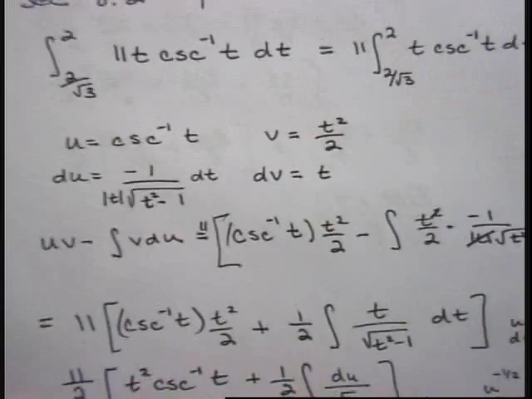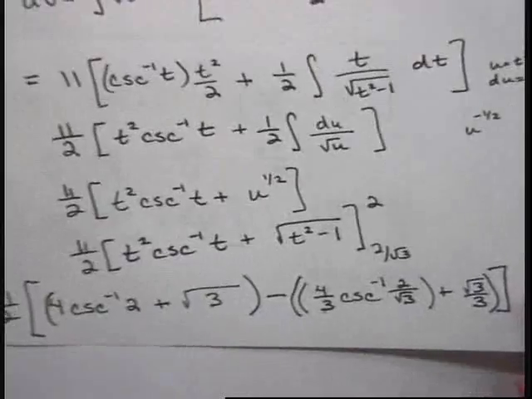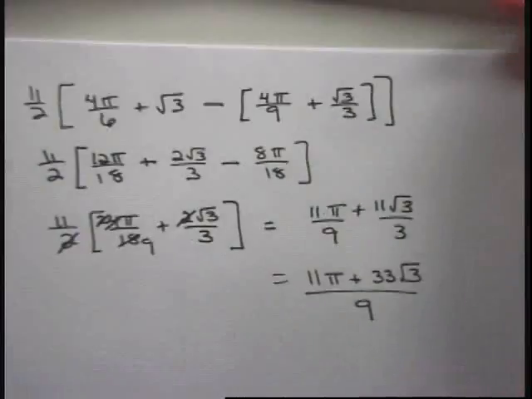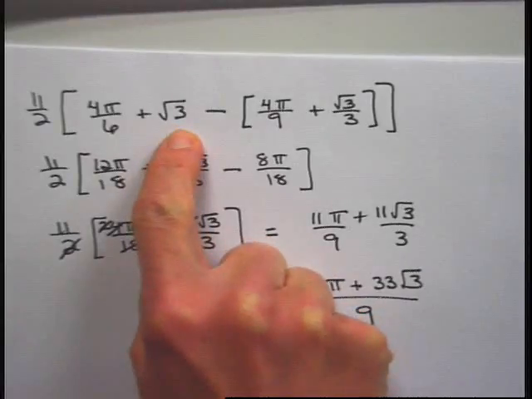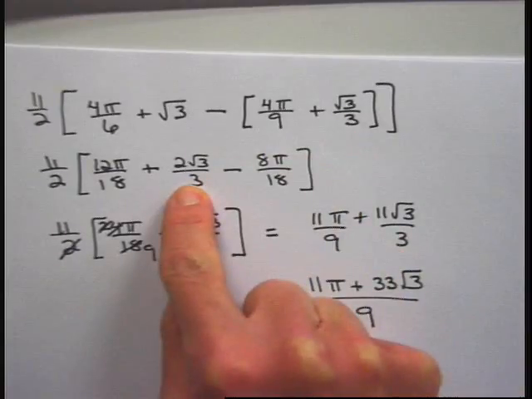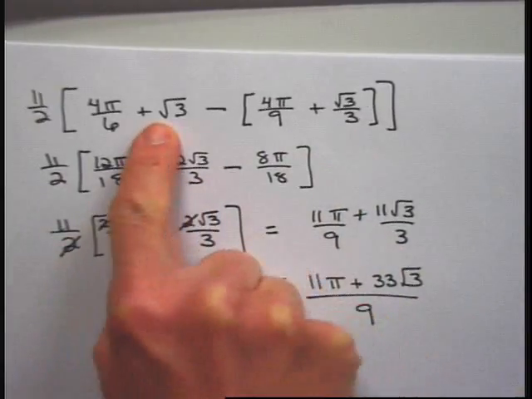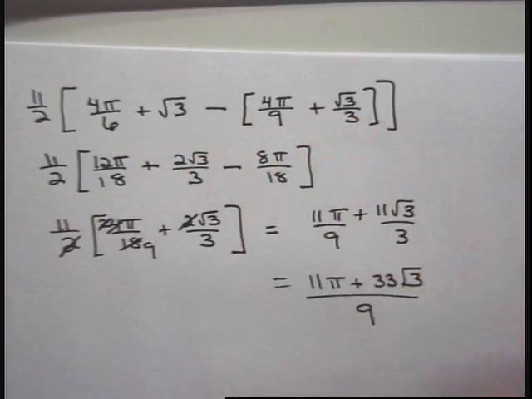Right here, I got a whole one. I've got one thing, take away 1/3 of it, so I've got 2/3. You could think of this as 3 times the square root of 3 over 3 minus the square root of 3 over 3.